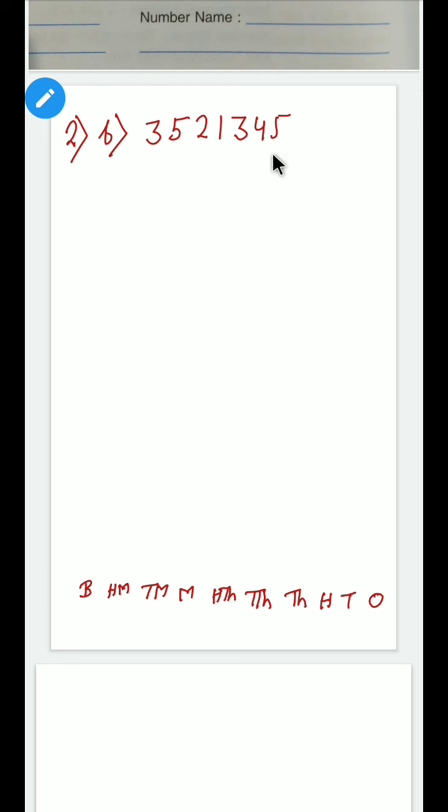So write the number from the end. So this will be 5 4 3 1 2 5 3. So 3 belongs to which room? That belongs to the millions room. So you have to write here 3 million.